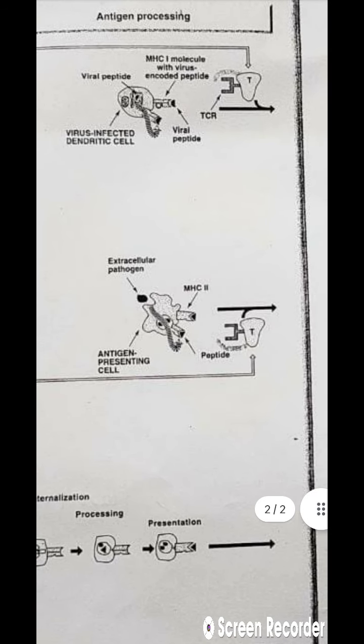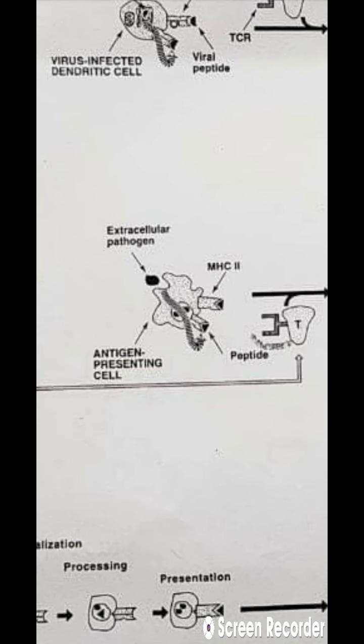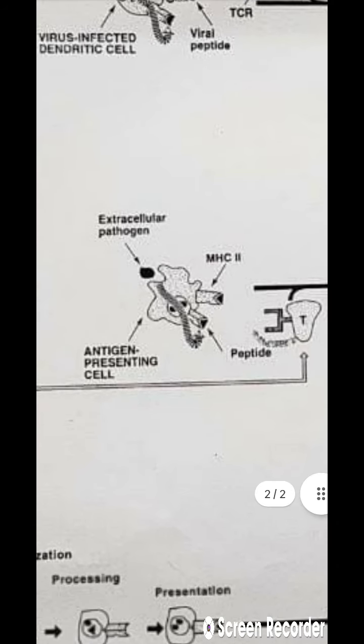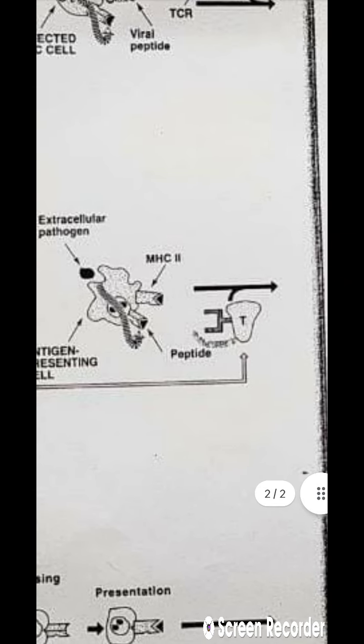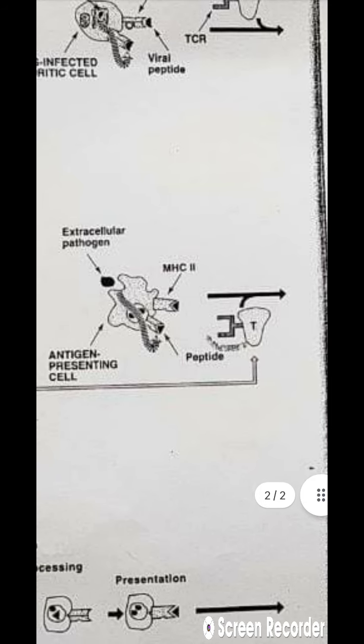MHC2 molecule is present on the surface of the macrophage or any antigen presenting cell. So the extracellular pathogen is first engulfed by the antigen presenting cell, then processed, and the epitope of the bacterial antigen is presented with the help of the MHC2 molecule to which T cell? CD4 T cells.